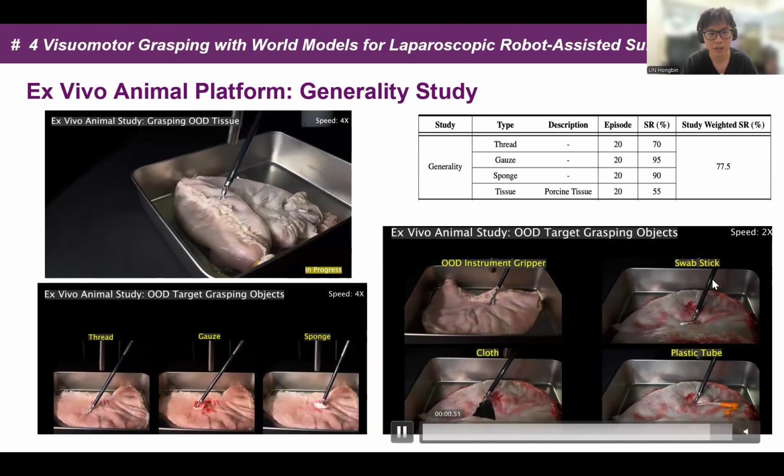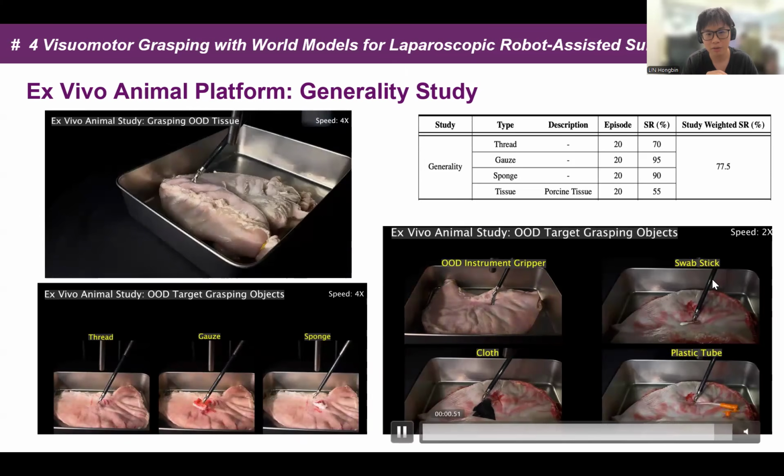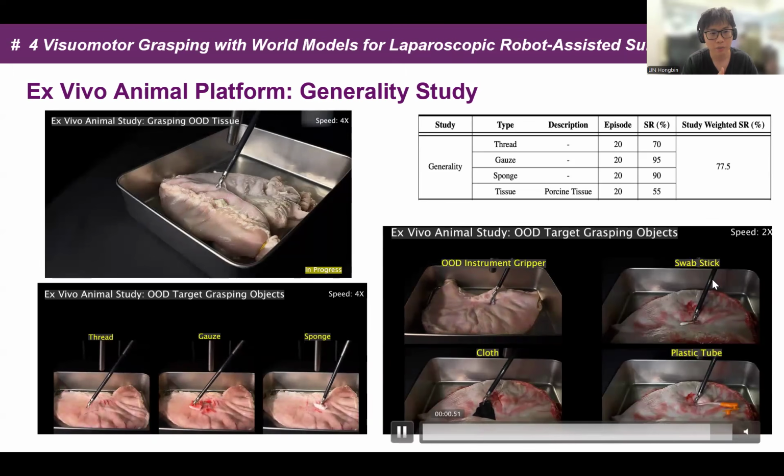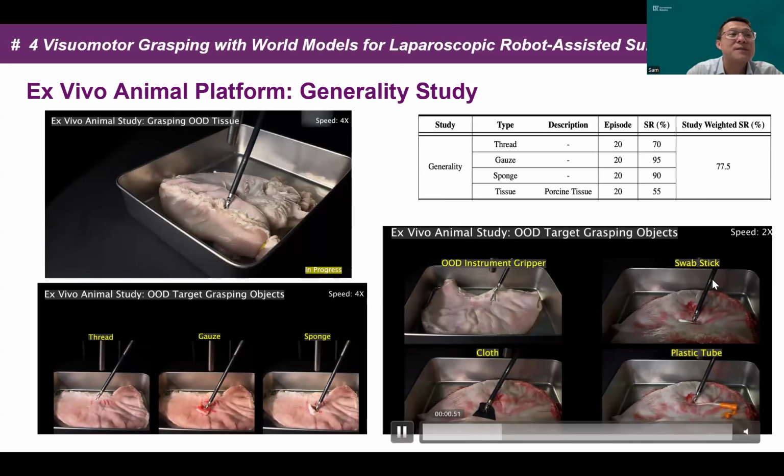If we include more metrics, like tissue deformation, we can grasp the object without applying too much pressure on the tissue. But I think integrating multiple objectives will be our future work. No problem, that's good. Thanks.